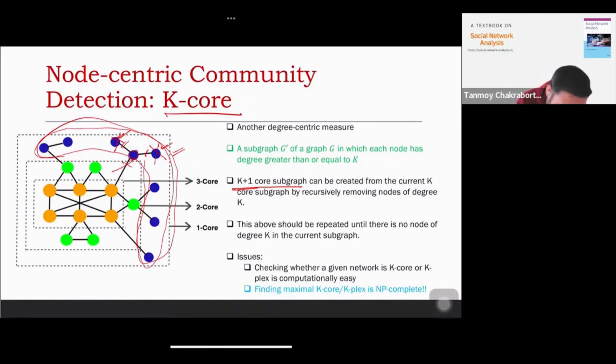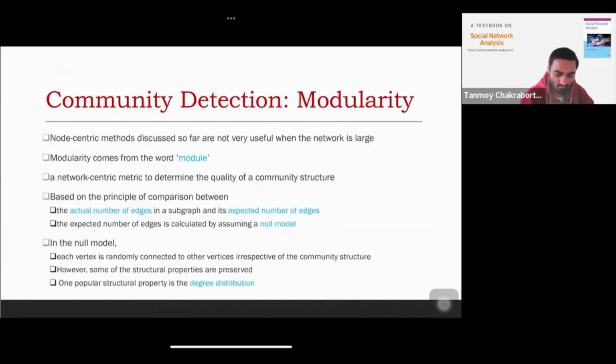Then all these green nodes should be removed to obtain a 3-core graph, and so on. You remember we talked about core periphery analysis. These blue nodes form the periphery. The next peripheral part is constituted by green nodes and so on and so forth. So finding k-core and k-plex is also NP-complete.